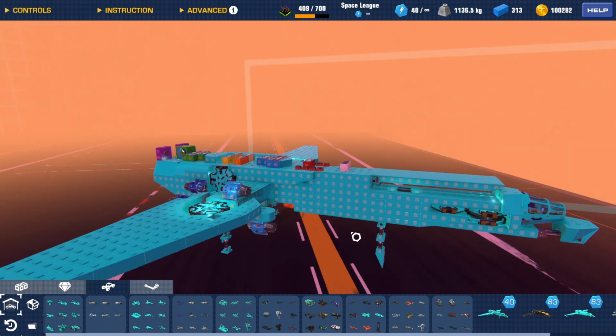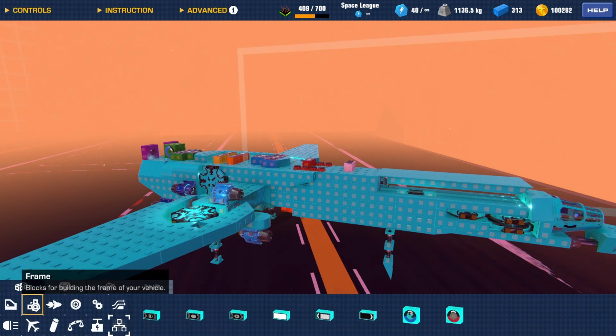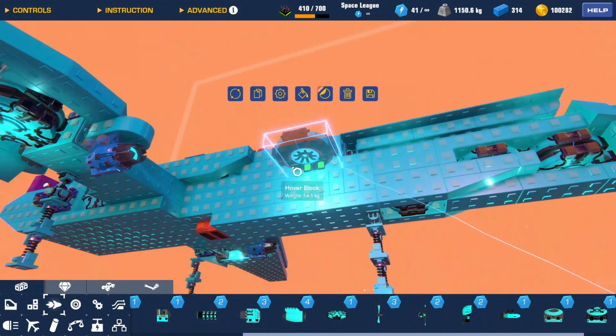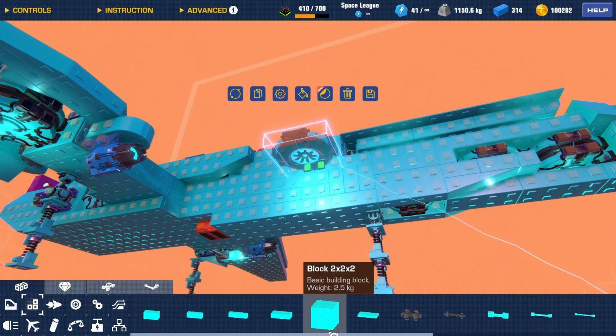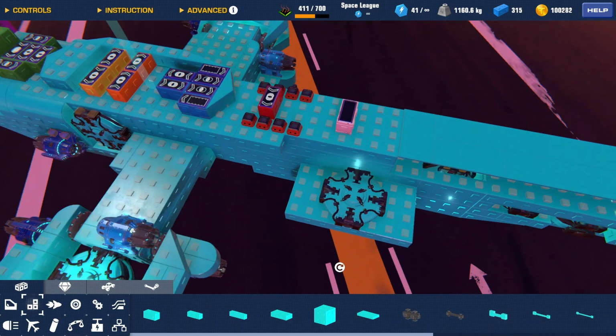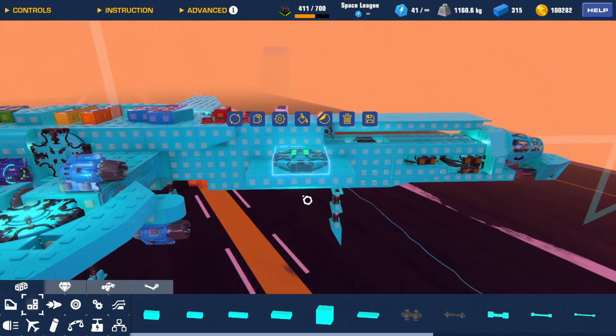First and foremost, I should talk about how this creation actually flies. It flies using the hover block glitch, which is whenever you face a hover block, such as this one, into a piece, right? You just slap anything at the bottom, then it will become essentially a thruster in the direction of the flame.